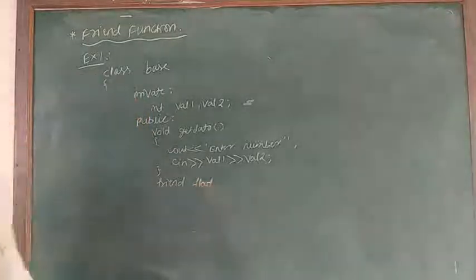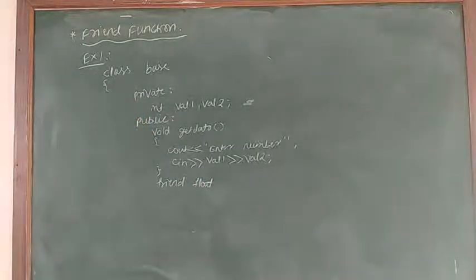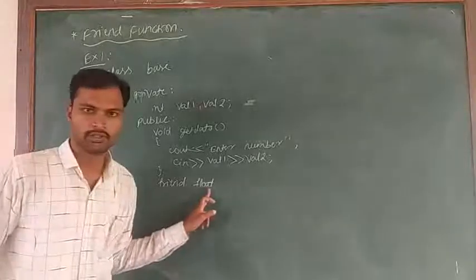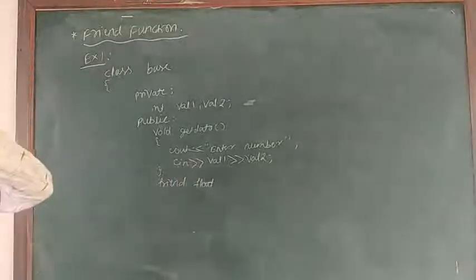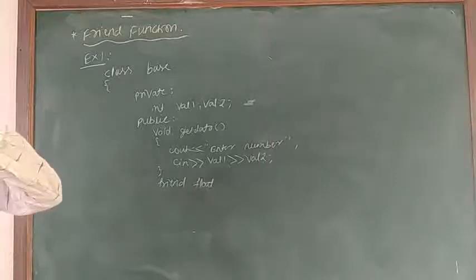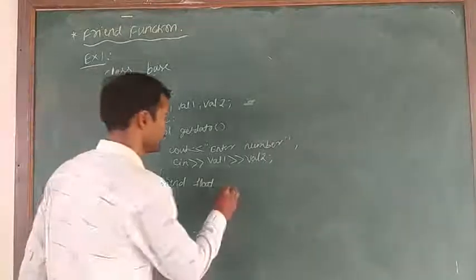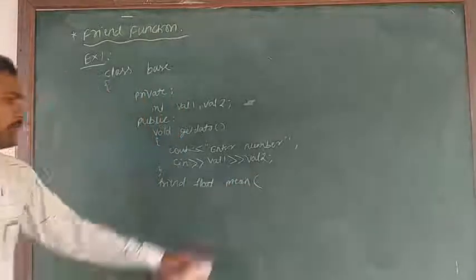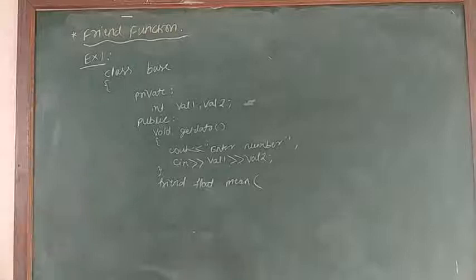Then we have to take the friend function name. You can take any name. I will take main. Main is the friend function name.